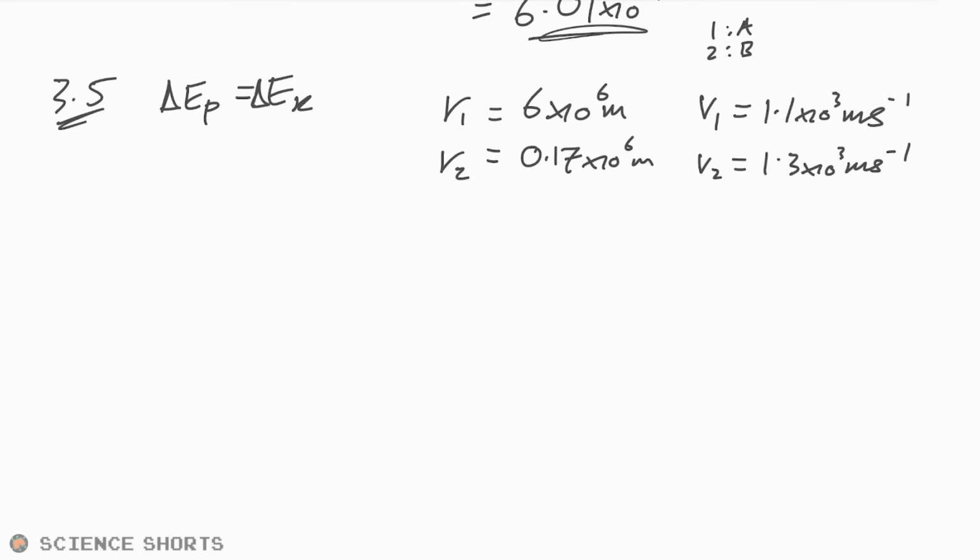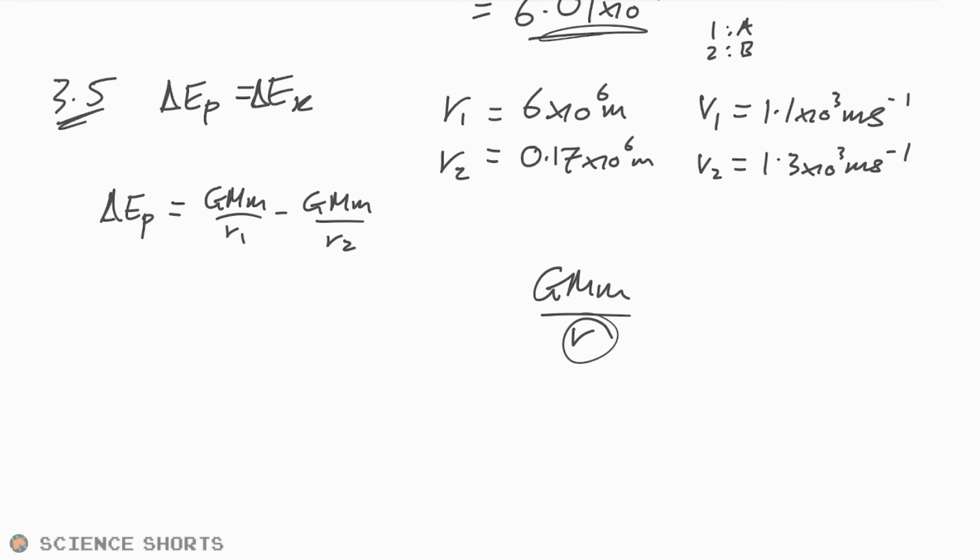All right. So what do we know? We know that we have a change in potential energy. So change in potential energy is going to be equal to GMm over R1, take away GMm over R2. It doesn't matter which way around because we're just going to end up with the magnitude. That's all we care about. Don't forget that whenever it comes to GMm over R, this is never a distance moved.